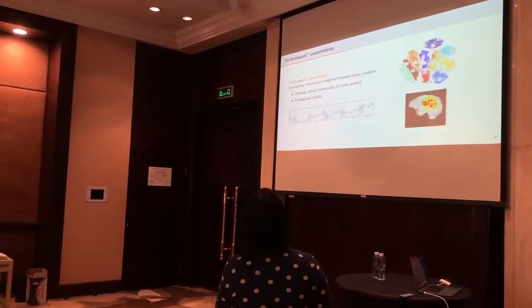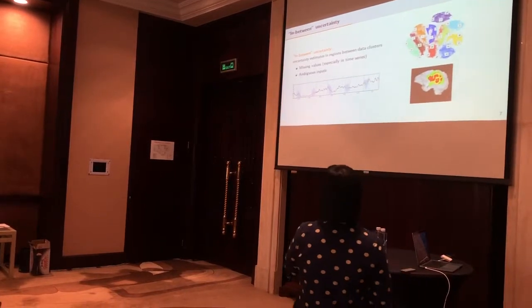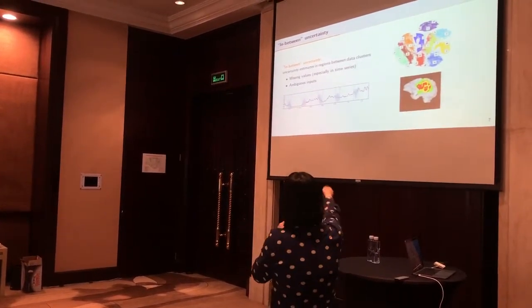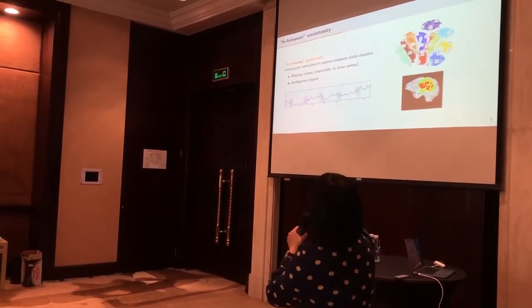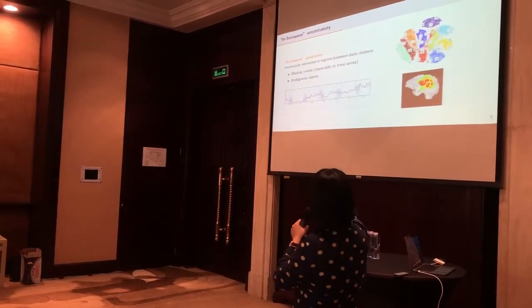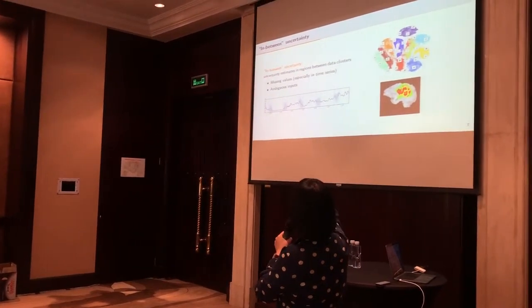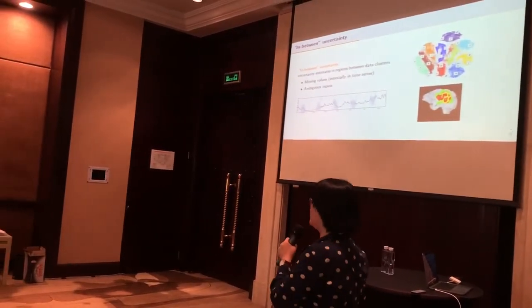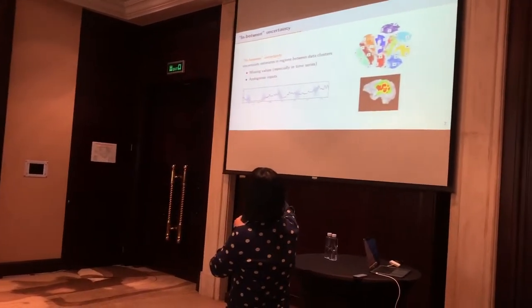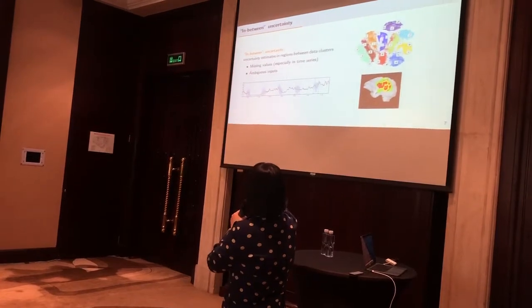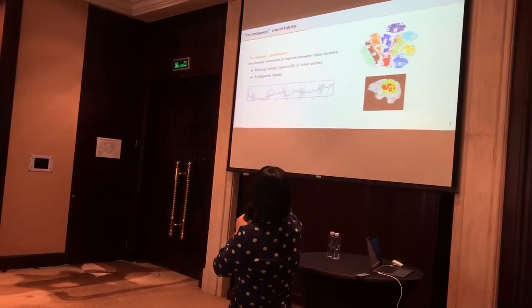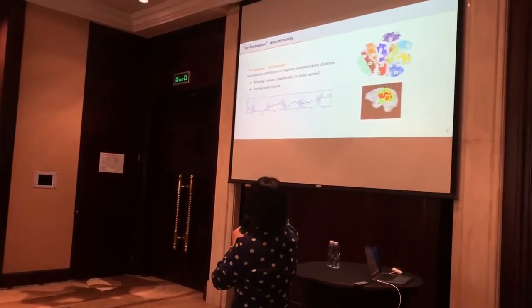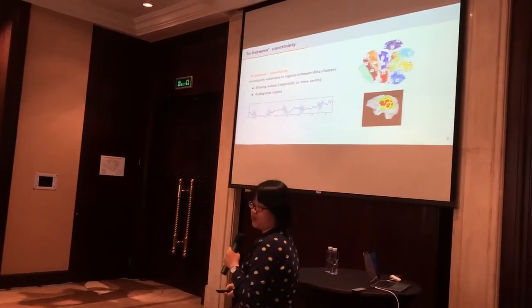Now I'm going to talk about something called in-between uncertainty. This is a nickname we came up with. What we mean here is uncertainty estimation in regions between data clusters. This is relevant to two problems. First, missing values in time series. You have some observations, but you have missing values in some time interval, and you need to impute that.